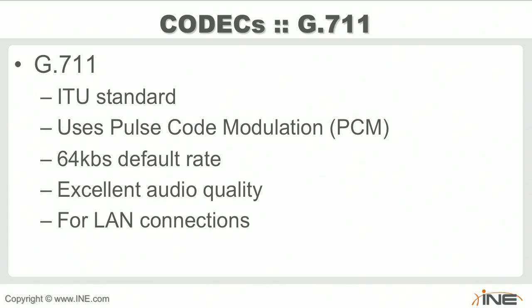So the G.711 codec was something that was developed by the ITU. Now, in unified communications, most things were derived from one or the other side of the camp. Either the ITU, which is the International Telecommunication Union, also known as the ITU-T sometimes.